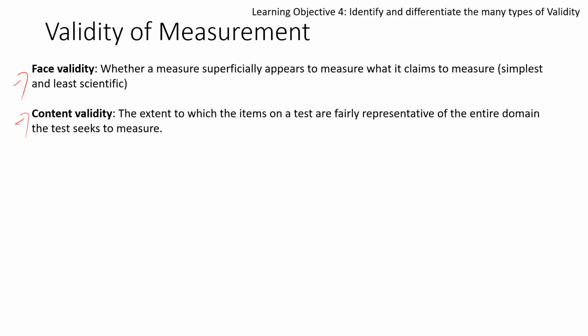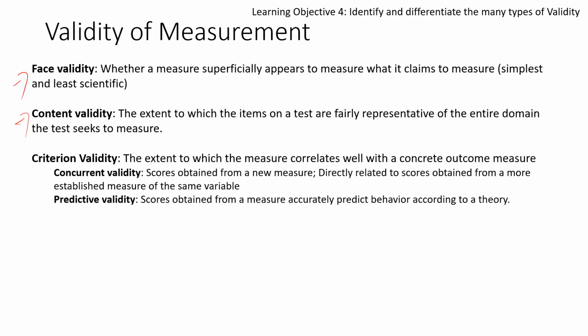And that's going to be our content validity, the extent to which something is representative of everything we're trying to measure. We are going to go over some of these in a little bit more detail in slides coming up. I'm kind of just giving an overview right now.